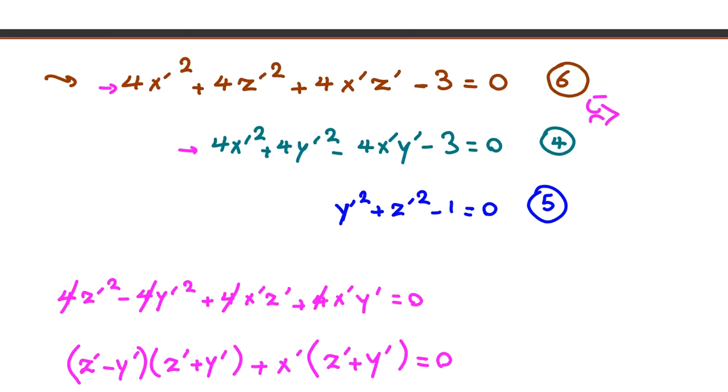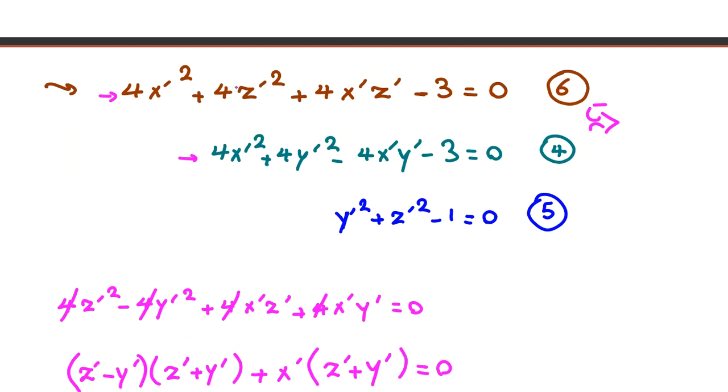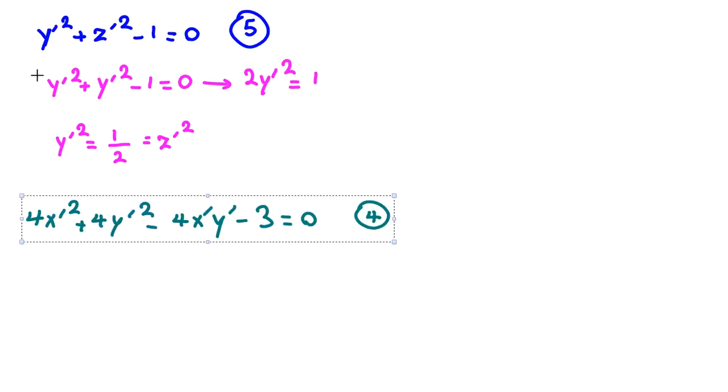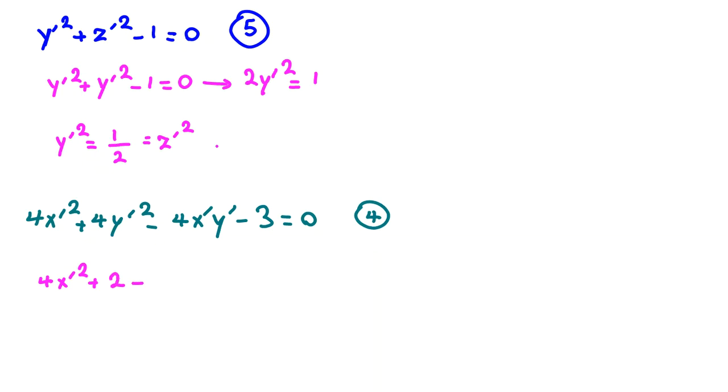Now let's check other equations. For example, this one, equation 4, to see what happens. Okay, so in this case, 4x prime squared plus 4y prime squared. Y prime squared is 1/2, so 4 times 1/2 is 2 minus.